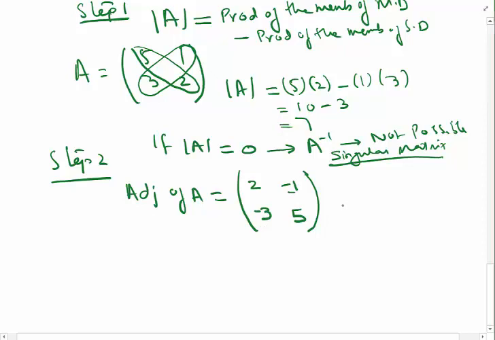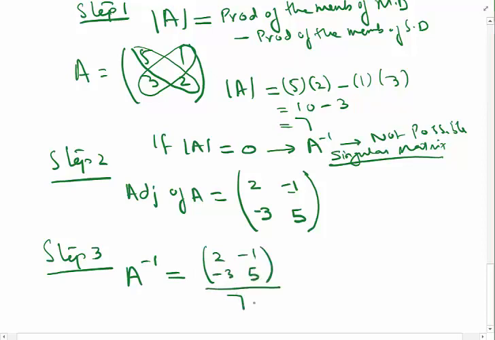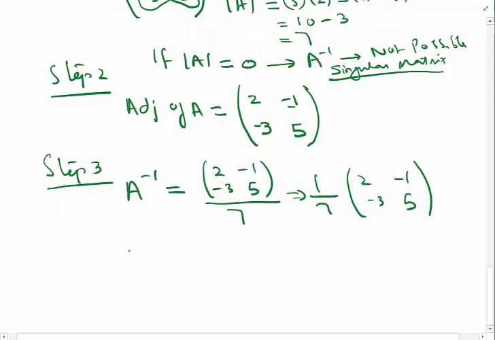in our adjoint matrix. Alright, and step 3, we need to put both pieces of the puzzle into the formula. This is the concept of multiplying a matrix by a constant. So we divide all entries of the adjoint by the determinant.